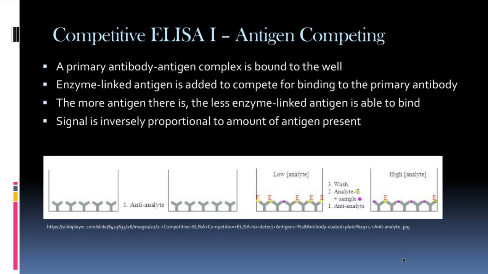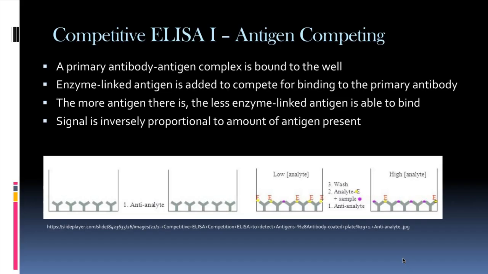So the basics of a competitive ELISA: you start off with a primary antibody and antigen complex bound to the well. And so that's what we're looking at here in the third box. Your enzyme-linked antigen is then added, and that competes for binding to the primary antibody. And so if you look there at the third box, you've got the pink sample, which is your antigen of interest, that's bound to this gray antibody.